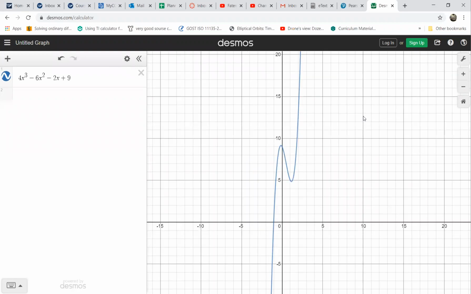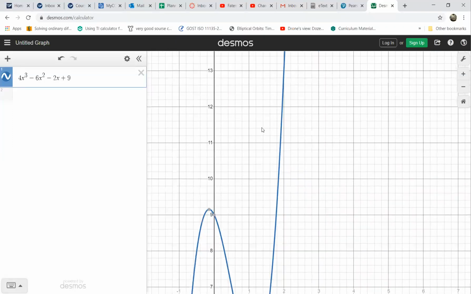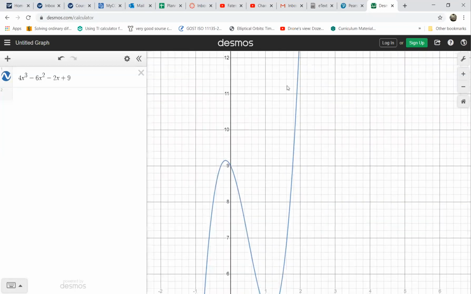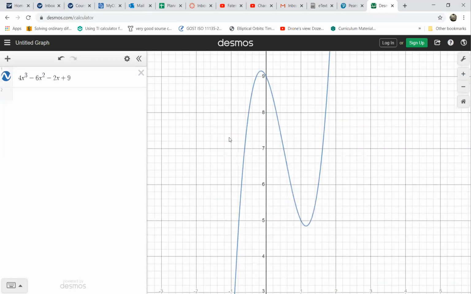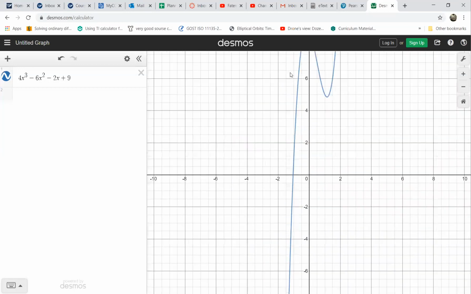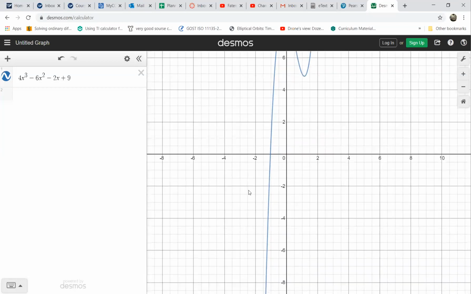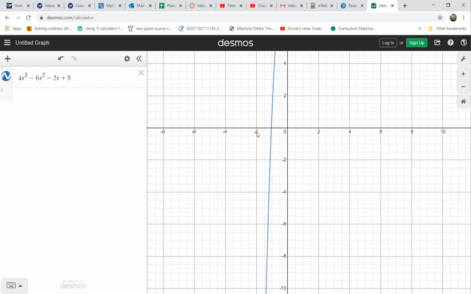When x is equal to 0, you get this point on the graph of the function. As you can see, when x is 0, your y value is 9. What if your x is negative 2? If x is negative 2, we're looking at minus 2 as our x value.